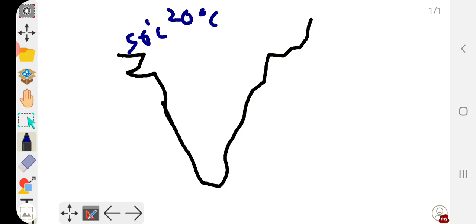In the northeastern part, it is about 30 degrees Celsius. In the southern part, it is about 28 to 30 degrees Celsius. It is a summer season.